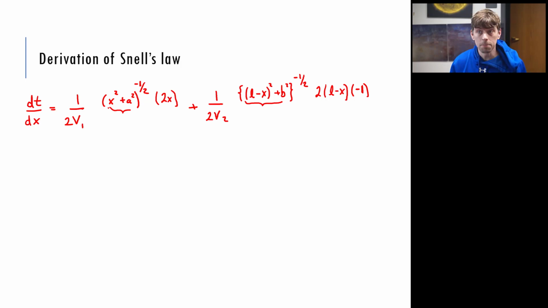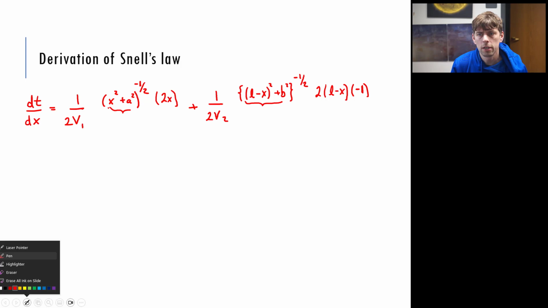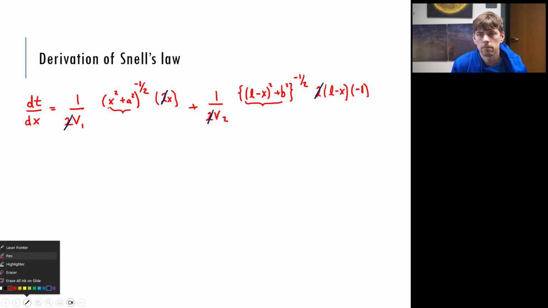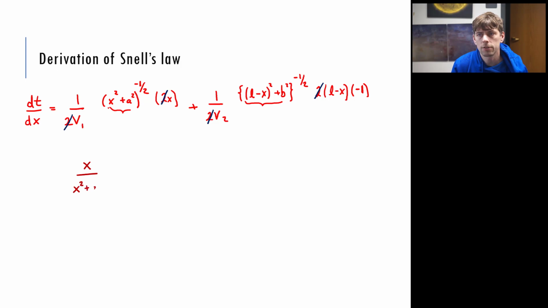Well, let's go ahead and simplify. And don't forget, we want that whole thing to be equal to 0 at the end of the day. Fortunately for us, we see that the 1/2 that's out in front cancels the 2. We also have the 1/2 and the 2. And we end up with x divided by x squared plus a squared to the 1/2, and I'll leave the 1 over v1 out in front.